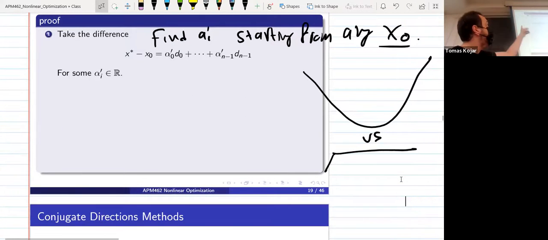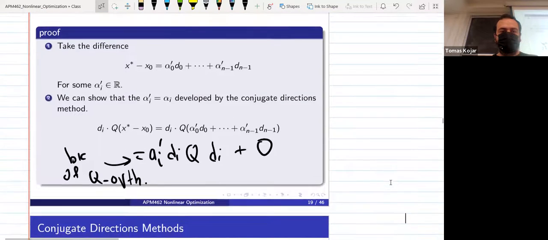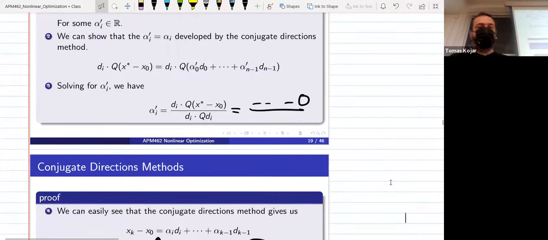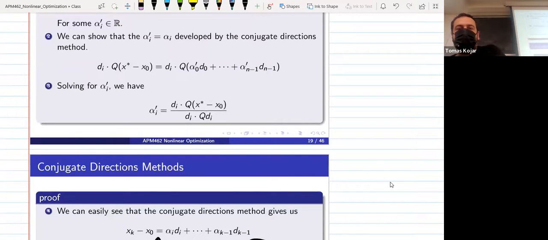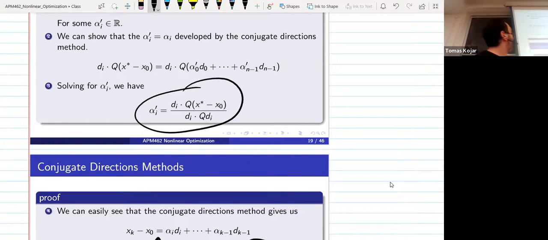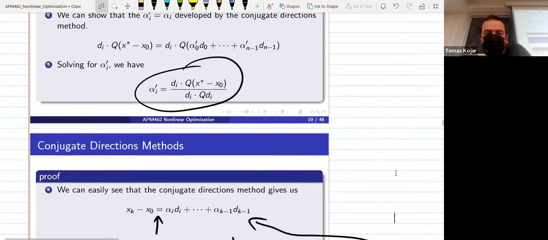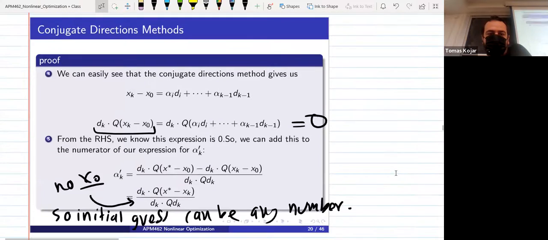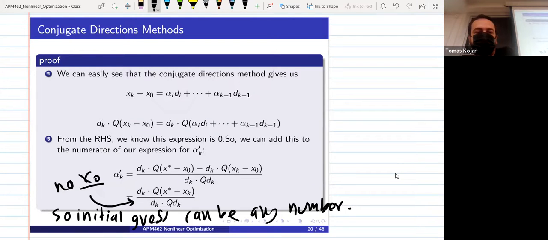So we start with X star and we represent it in the D vectors, and by doing that, we get a formula for the AI primes. So we get a formula for X star. And then we use the trick that successive steps have this orthogonality property.